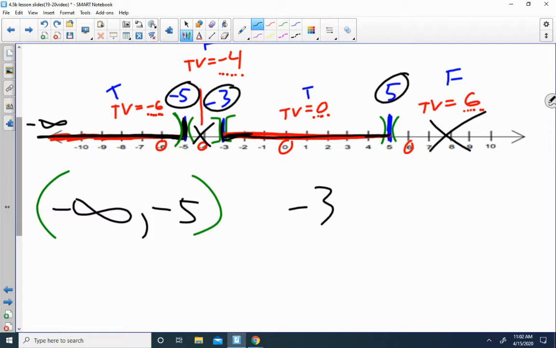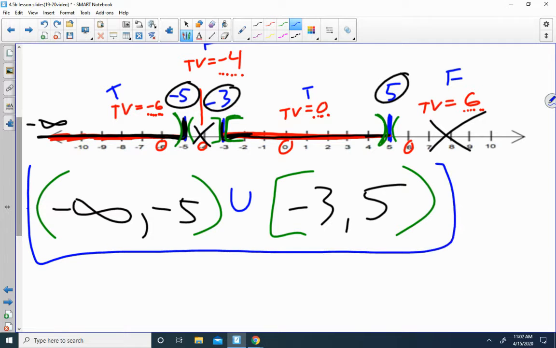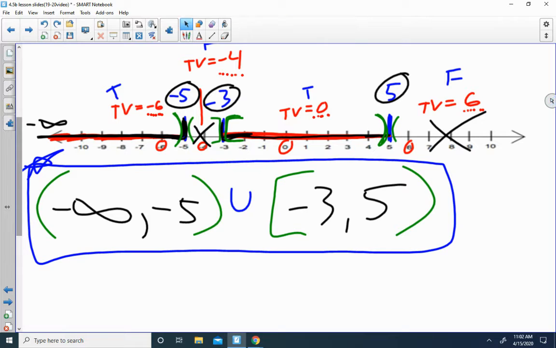So negative 3, comma 5. And what brackets do these get? Negative 3 looks like we got closed. And at 5, we got open. And since we have two intervals as part of our answer, we're going to put a union symbol, and then we have it. This is our final answer.